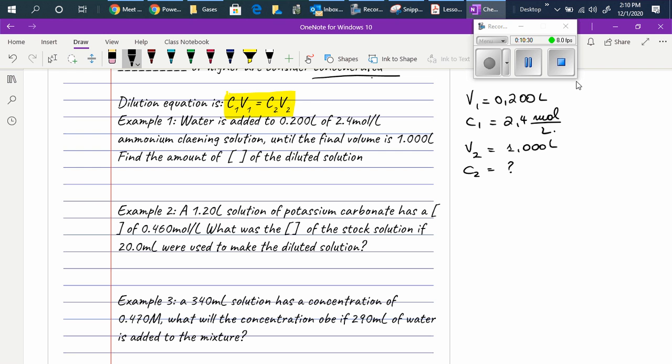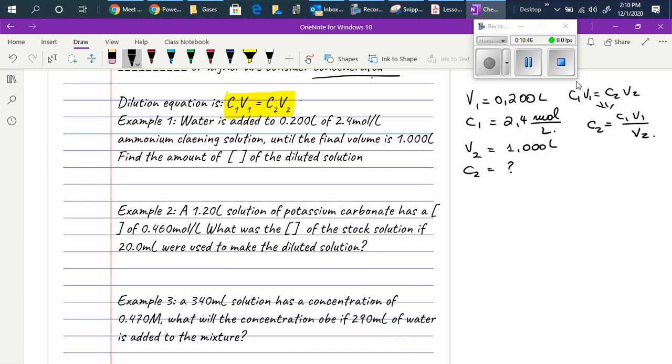So if we refer to the dilution equation, C1V1 equals C2V2, then we can solve for C2 as being C1V1 over V2.